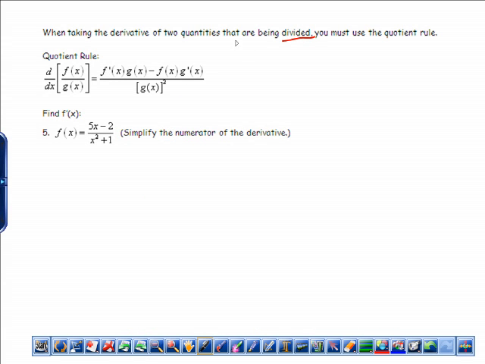So a little rhyme, it's not really a rhyme, but it's a nice little saying that may help you, is we call it low d high, just write this off to the side and I'll explain it, minus high d low, all over low low. And I've heard lots of rhymes.